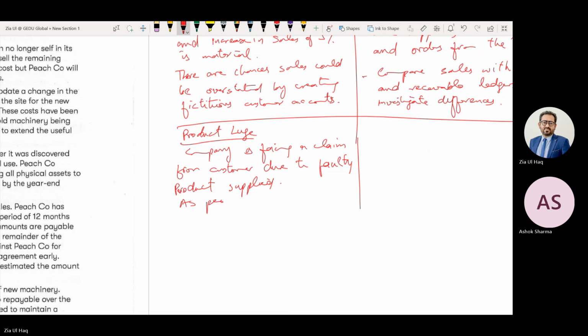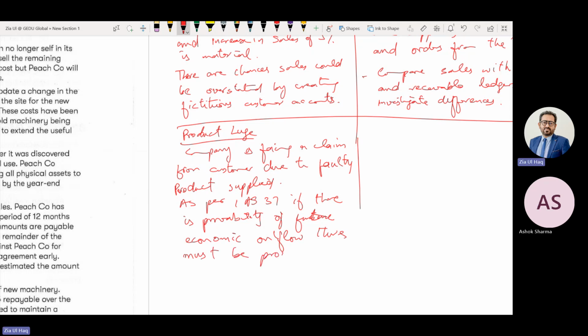As per IAS 37, if there is probability of future economic outflow, there must be a provision recognized.